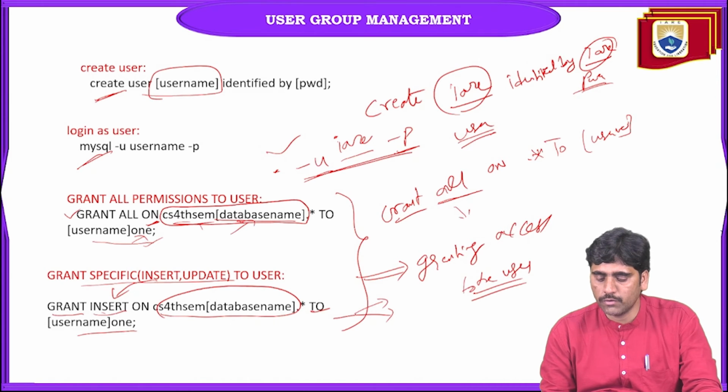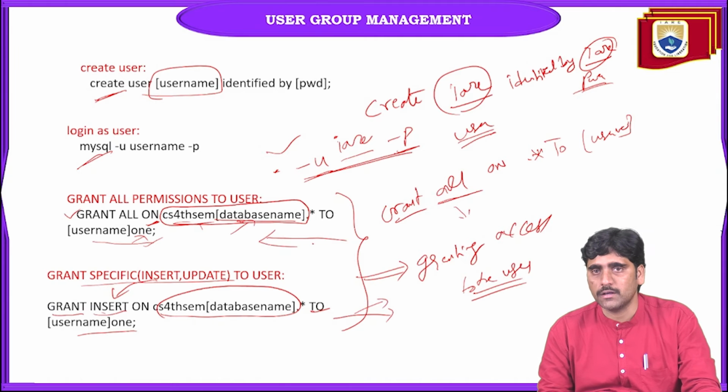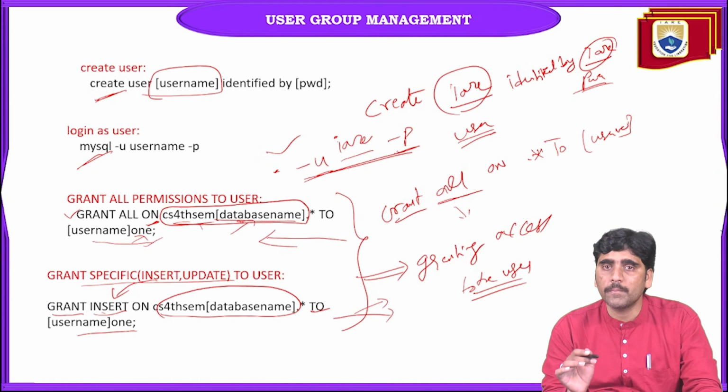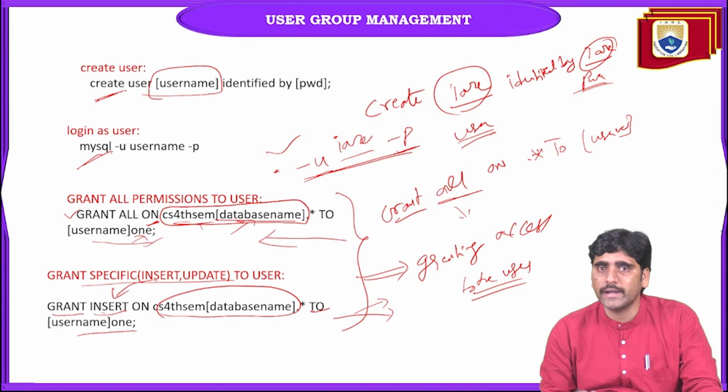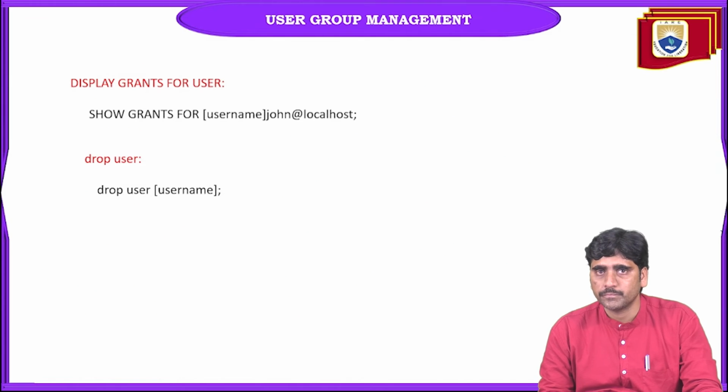If you want to give only one, you can mention it like this. If you want to give all the permissions, you can mention it like this. So that is how you can understand granting permissions to the user.